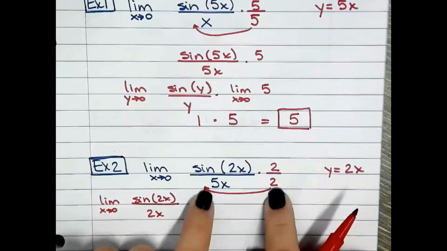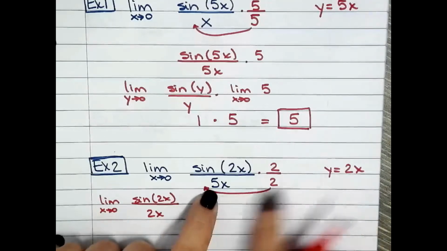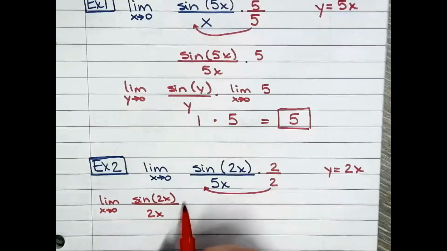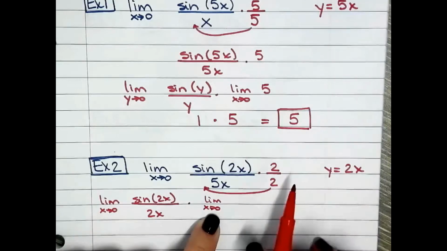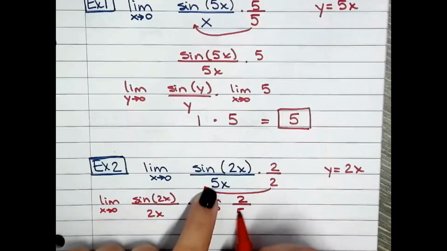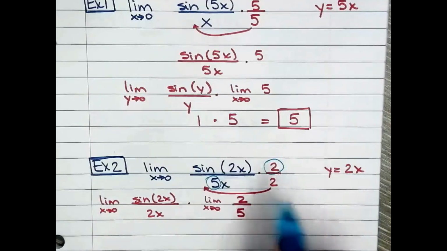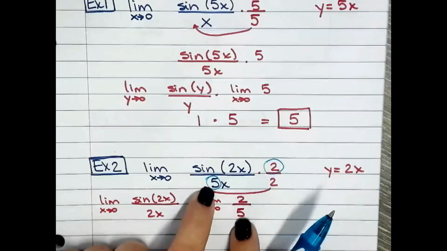I move this 2 over to pair up with the x, and the 5 I have to put off to the side because it's not helping me at all. If you want to circle that so you don't lose track, you can do that too. So this 2 is this 2, and this 5 went right there.